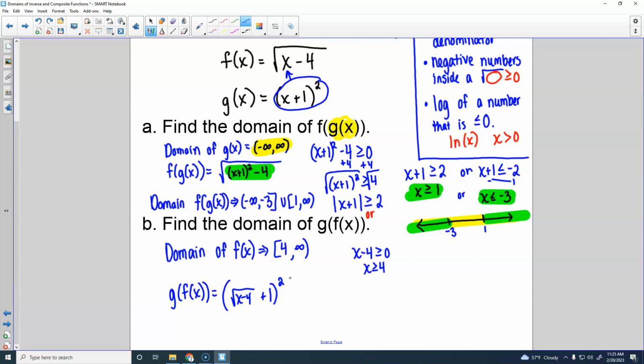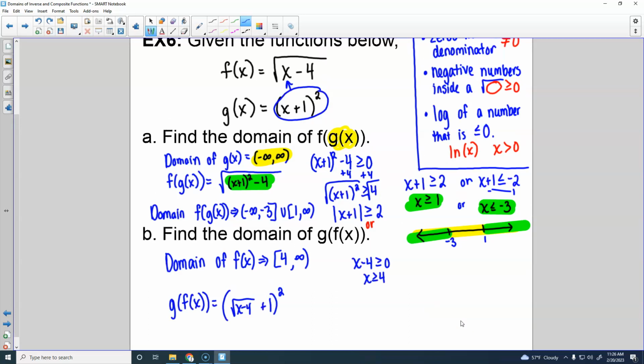It's really not going to change much about the problem. Does anything cancel out? You cannot cancel the square root and the square because you have this plus 1 over here. If we had the square root of x minus 4 squared, if there was no plus 1 there, then we could cancel the square root and the square. But we cannot because of this plus 1 right here. So basically nothing cancels and nothing really simplifies.